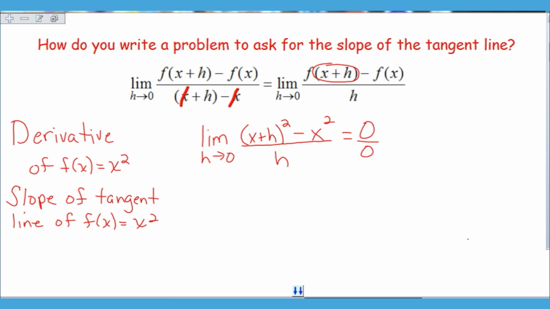Oh, Lordy. What do we know about 0 over 0 quotients? If you are doing a limit and you're going to a number and you plug it in and get 0 over 0, you have to factor, cancel, plug back in. But there's an answer. That's the cool thing. So I'm going to expand this binomial, because I can't factor and cancel anything unless I actually square this.